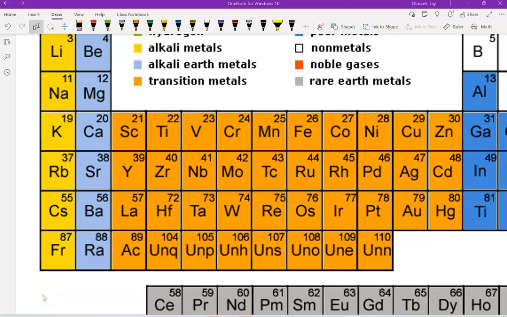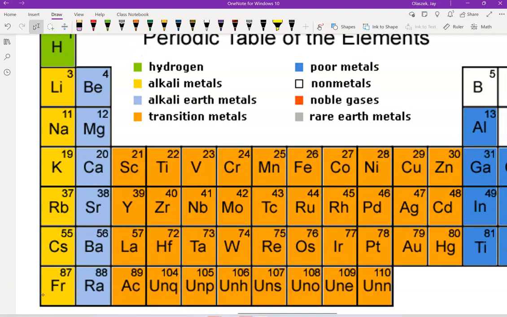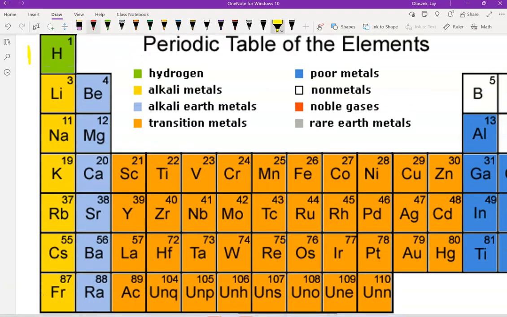Keep in mind that vanadium's in row 4, right? That's row 1. That's 2. That's 3. That's 4. What element would be in row 5, the 5th period, that is in the same column as vanadium? There we go. Niobium, this guy right here.